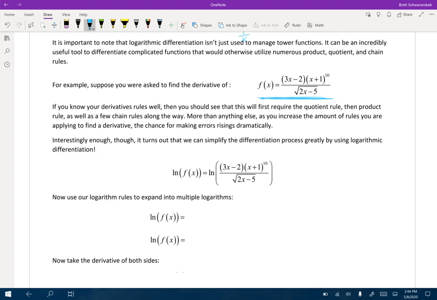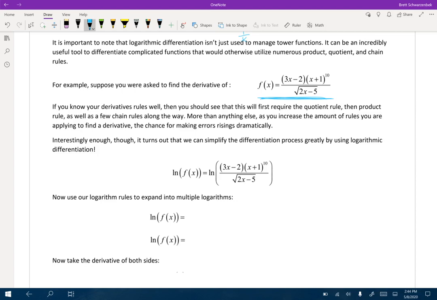The entire function is a quotient, but in the numerator we have a product, and then in both the numerator and denominator we have a chain. So, wow. This would probably take forever to find the derivative of, going step after step, and the chances that most students will get to the end are not that great given all the little mini errors that you can make, and then everything goes crazy.